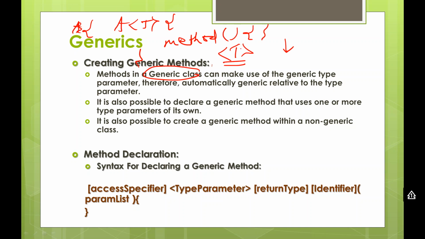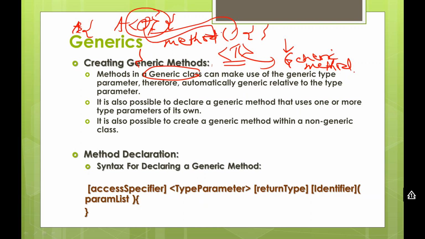So this method is automatically a generic method with respect to the generic type that is specified in the class, because the method can use this particular type. That is why with respect to this particular type that we have specified for class A, this will become generic.